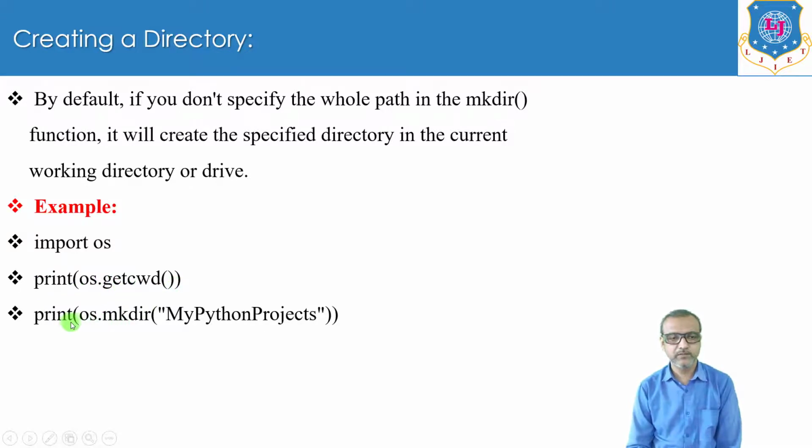Then after os.mkdir function, and in brackets we have my Python projects. Now you can see that here we haven't specified the path or drive. So in this case it will be created in the current working directory.